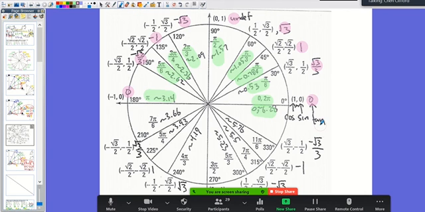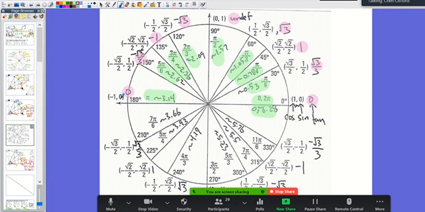Just check out this undefined. 1 divided by 0, anything over 0 is going to be undefined. That's why it's undefined.